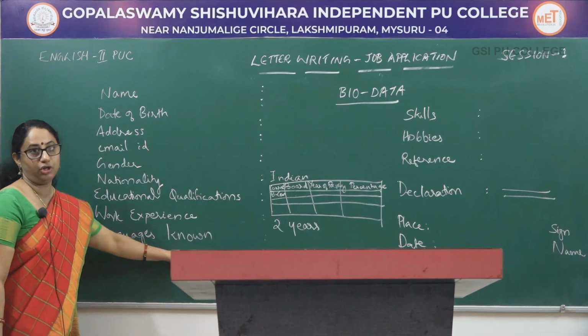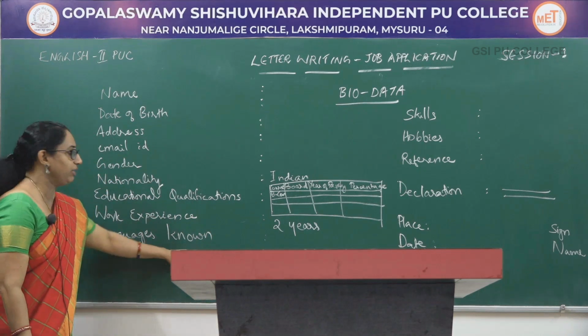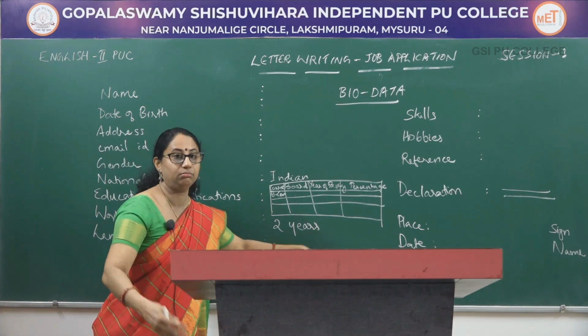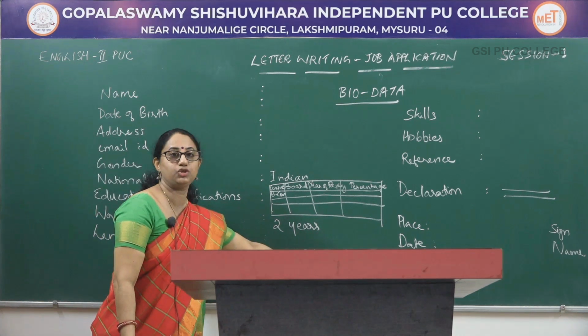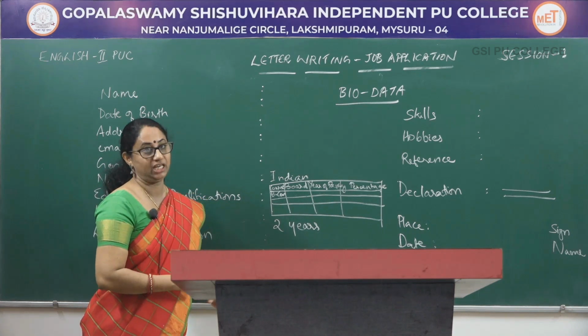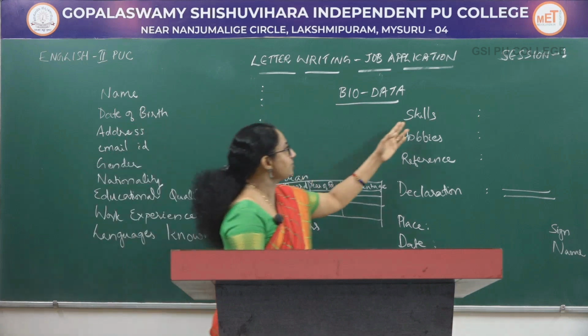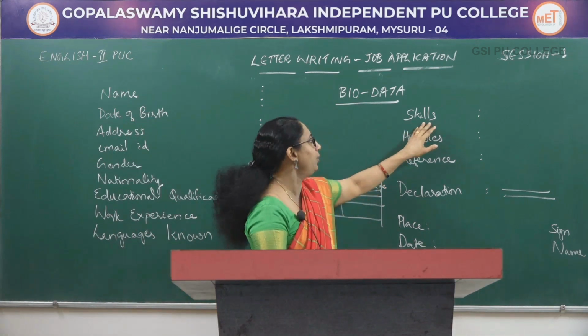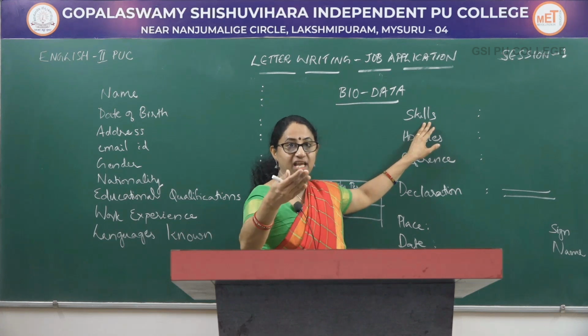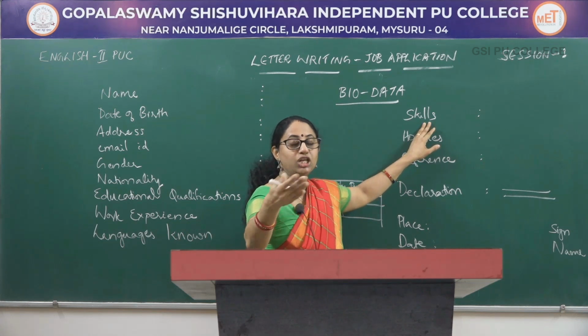Then languages known. If you know English, Hindi, Kannada, and more than that, whichever languages you know, you can mention them. It's always an additional qualification for you. Then comes skills. So what do you write here? Skills, you can write computer knowledge of C, C++, or knowledge of Tally.